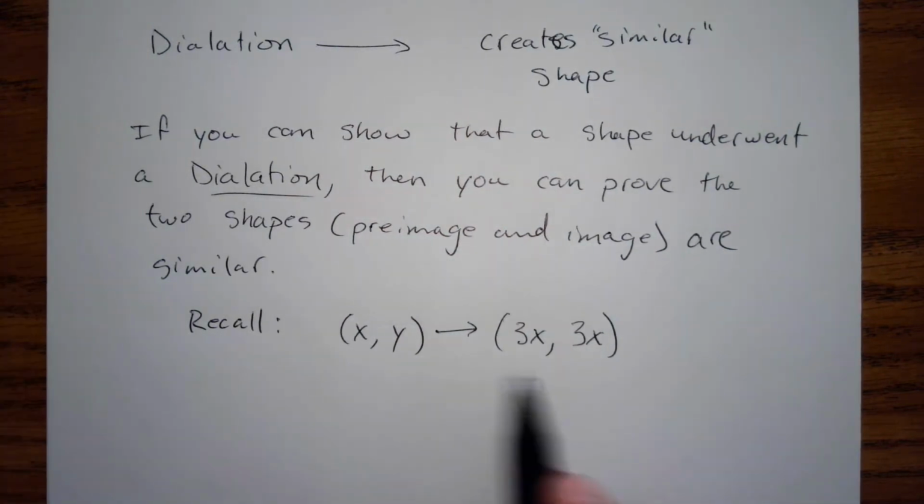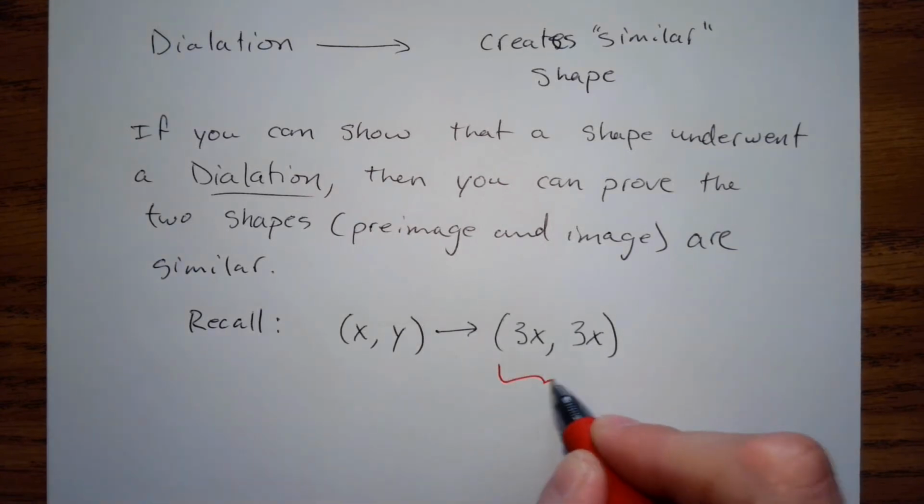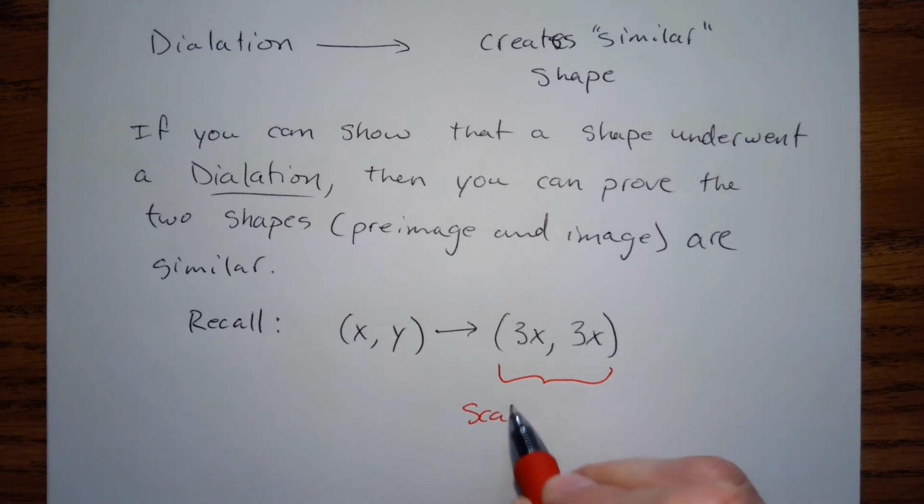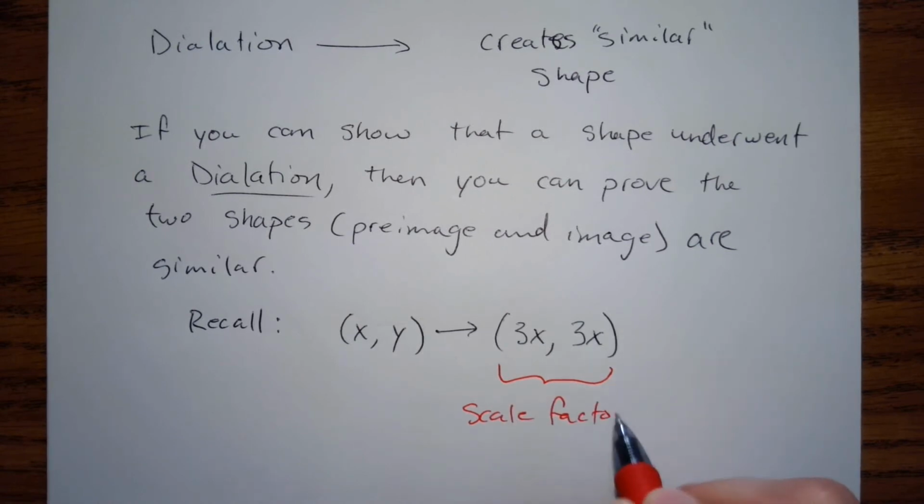So with this rule, this would be a scale factor of 3. And this gets bigger by 3. It's not you're adding 3 units to each side, you're multiplying by 3.